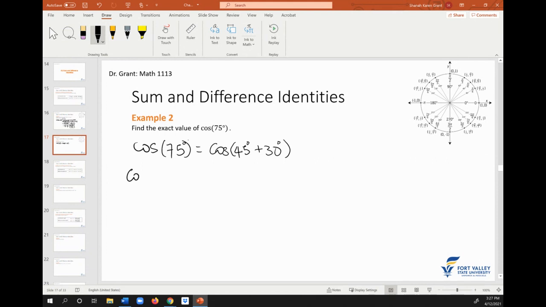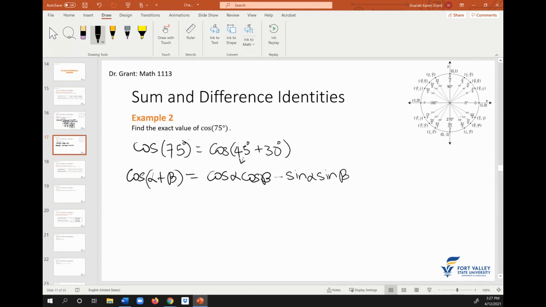So I know that cosine of alpha plus beta is going to be equal to cosine alpha cosine beta minus sine alpha sine beta.